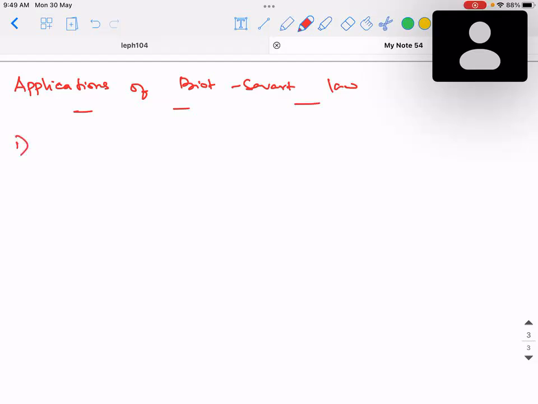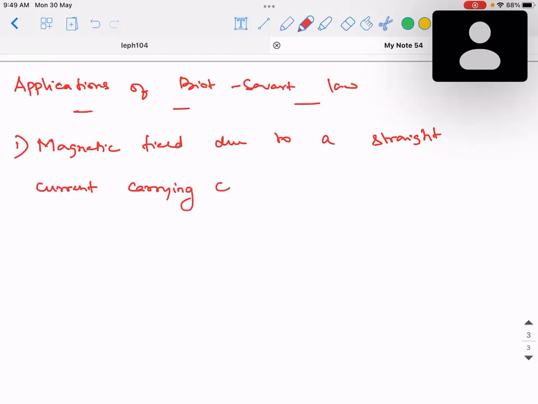The first application that we are going to see is magnetic field due to a straight current carrying conductor of finite length. Is it clear?